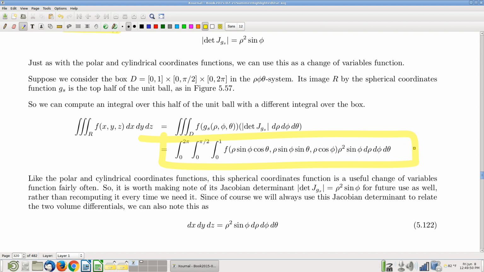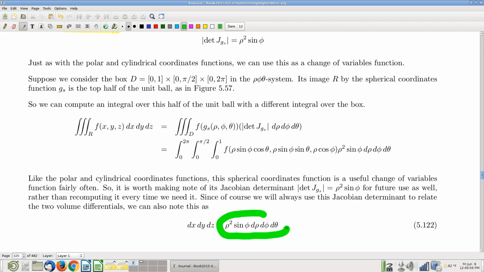Just like with cylindrical coordinates and polar coordinates, I encourage you to think of this as a single thing. Write it down all at once. Don't write down d rho, d phi, d theta, and say I'll come back to the stuff on the inside later, and start thinking about your bounds and the geometry of it all and plugging in for the algebra, a bunch of other stuff to do, and then forget to write rho squared sine phi.